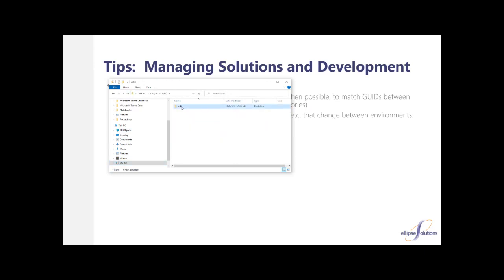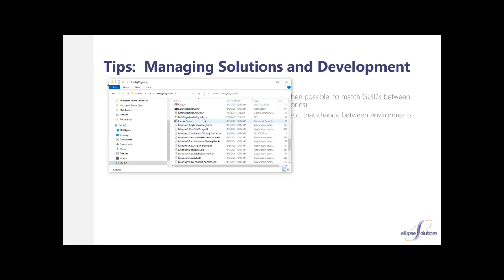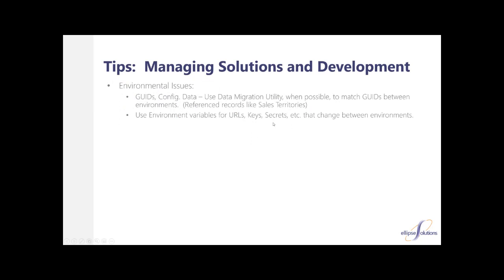If you download the SDK, it's inside the SDK, and it's called the configuration migration. It's a pretty simple tool to use. You just create a schema of what it is you're exporting, export it, and then import it into the next environment. The GUIDs will match, and you won't have that issue.